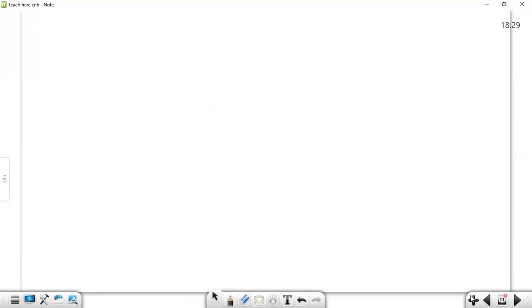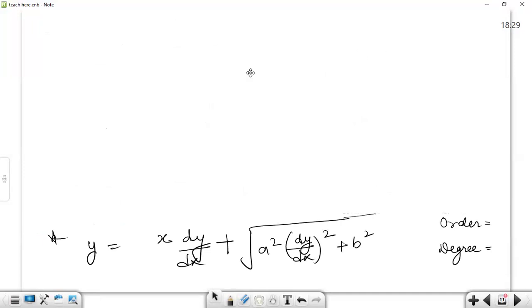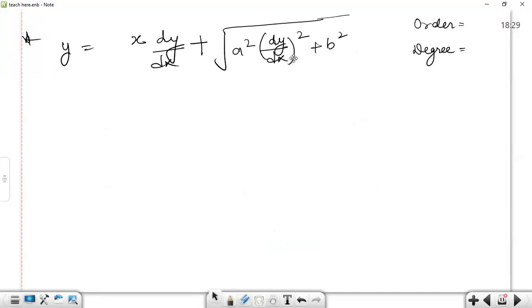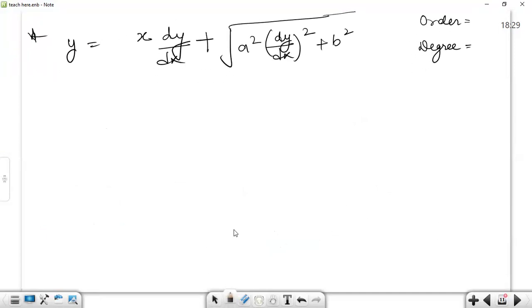Tell me according to your logic. We don't have any degree for the whole thing, sir. It's just a square dy. It has degree for separate terms, no. So I thought.